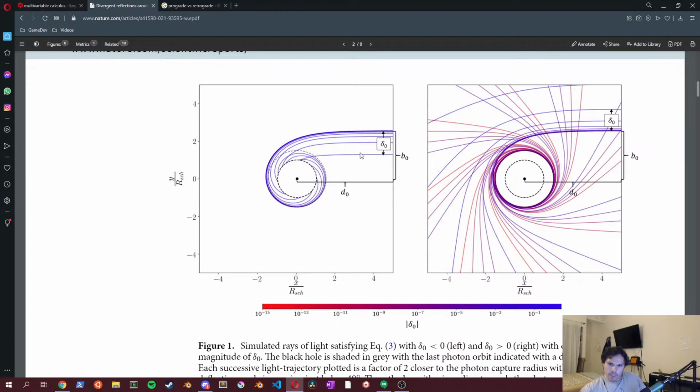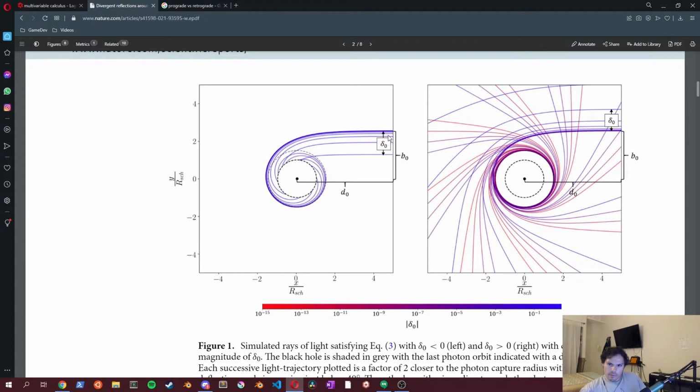So for really, really negative values of delta 0, so this would be light coming in because it's not going to come out, you basically get absorbed right away.